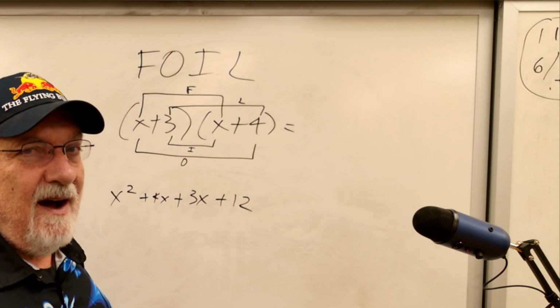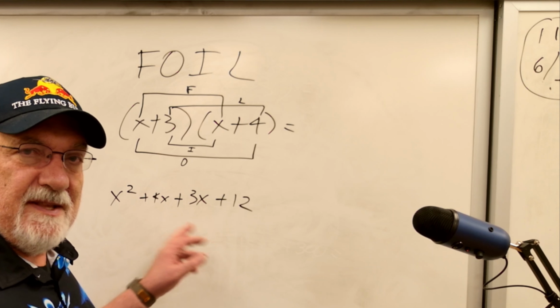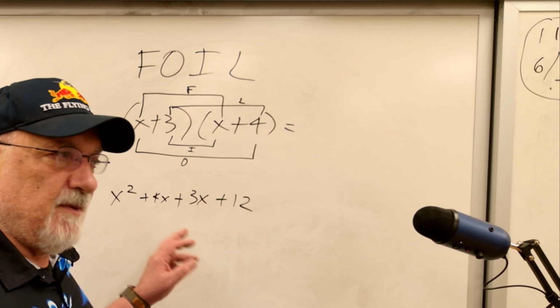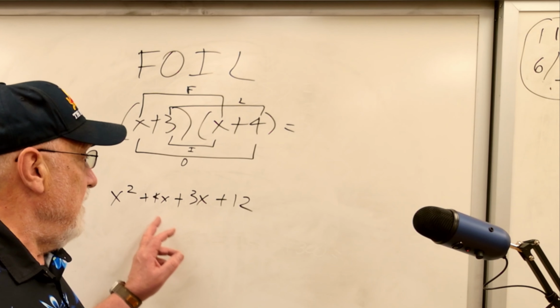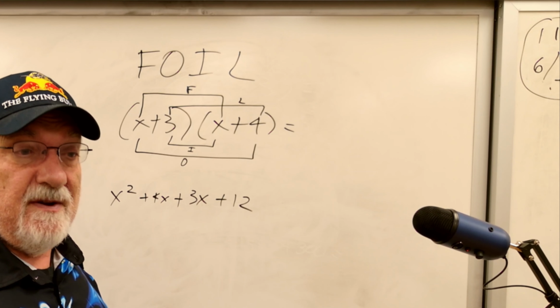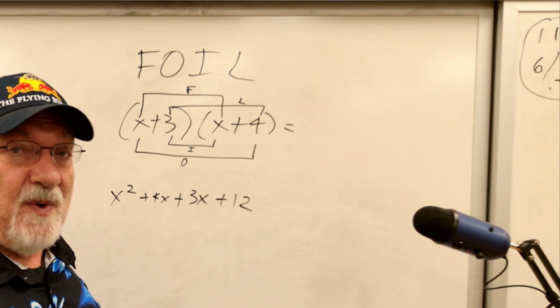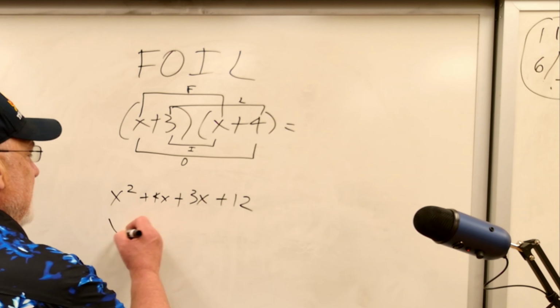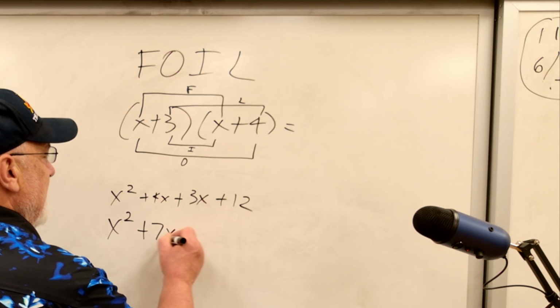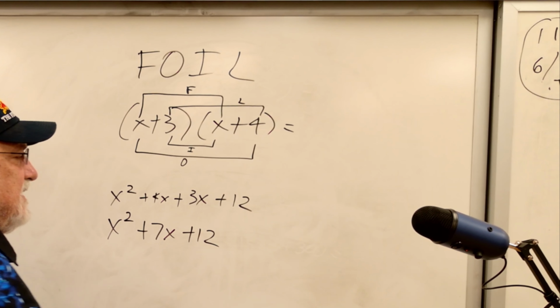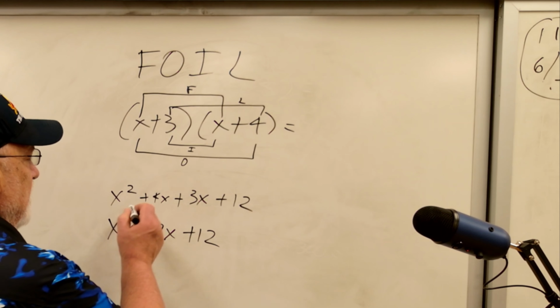Well, because they're both multiplied by the same thing, you get to add the coefficients. The coefficients are the numbers in front of the variables. So if we add 3 plus 4, hopefully you know that's 7. X squared plus 7x plus 12 is what we get when we FOIL it.